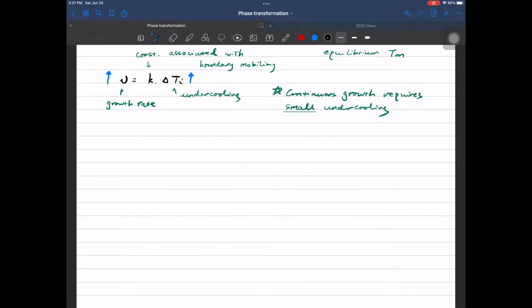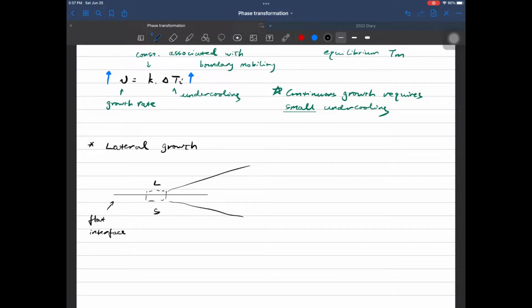The second type of growth is called lateral growth. Lateral growth happens on very flat surfaces. In this example, we have the liquid phase on the top and the solid phase at the bottom. If we zoom into the interface area, we can draw the solid phase as arrays of atoms. And here is the solid-liquid interface.